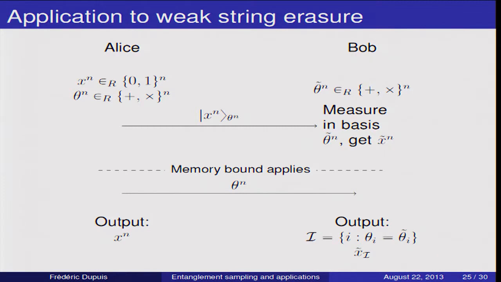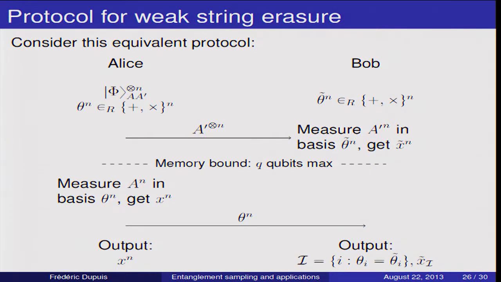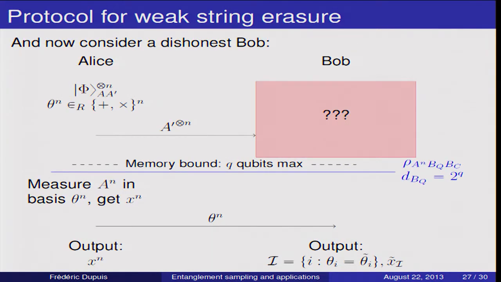So, I'll maybe speed up a bit. But basically, if we apply this theorem to our protocol, now this is our protocol where Bob here is dishonest. So we don't know what he does here until the memory bound. But at the memory bound, what we have is a state here at Alice, and Bob's state here has only q qubits.